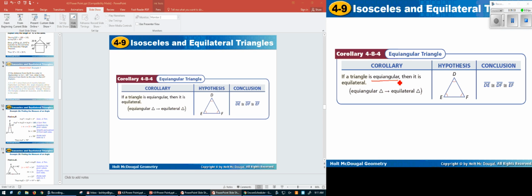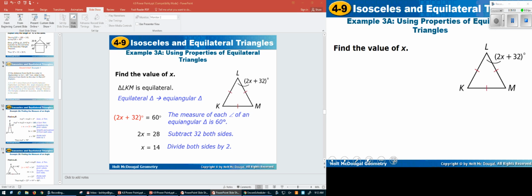If it's equiangular, then it is also equilateral. So now what do we know is true? All the sides are the same, right? So if it's equiangular, it's equilateral. If it's equilateral, it's equiangular. This is only true for triangles. Okay, only for triangles.